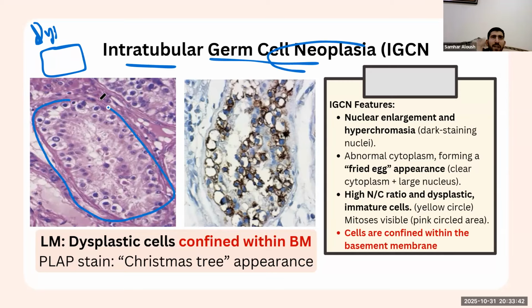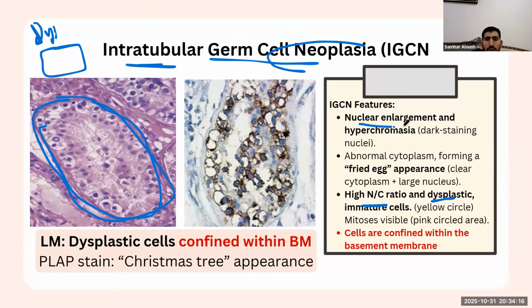It has the tumor signs of a cell, which is a high nucleus to cytoplasm ratio. It's dysplastic, it has mitosis, but it doesn't invade the basement membrane. As you can see here, it's confined within the basement membrane, so it's still not a tumor, meaning not a malignant tumor. It's not benign either, because it may become a tumor, but now it's still confined to the basement membrane, so it's not a tumor yet. It's intratubular germ cell neoplasia.